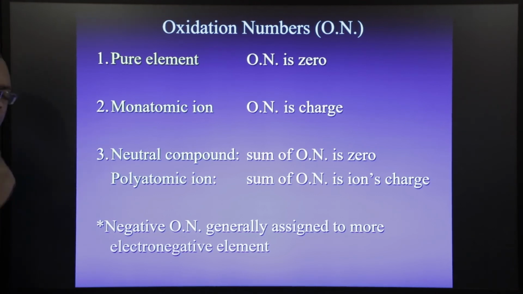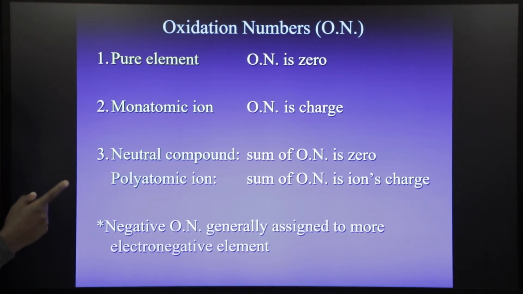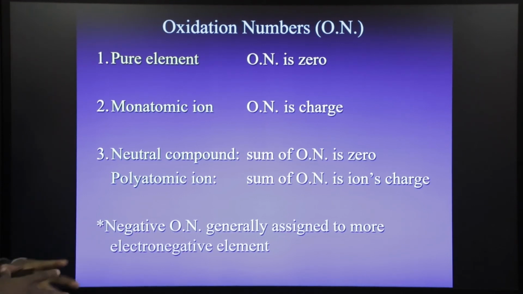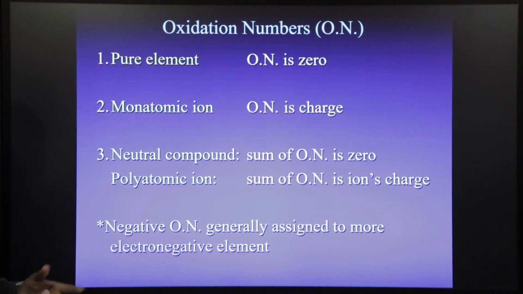While a monoatomic ion, an individual ion, has a specific oxidation number assigned to it depending on how many electrons it has given away or received. A neutral compound is the sum of all the oxidation numbers of the individual atoms in the compound, and it adds up to 0.